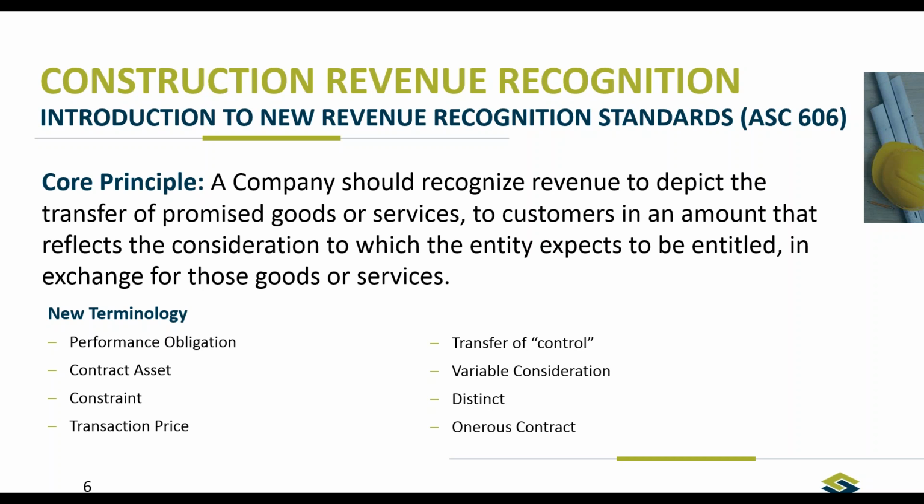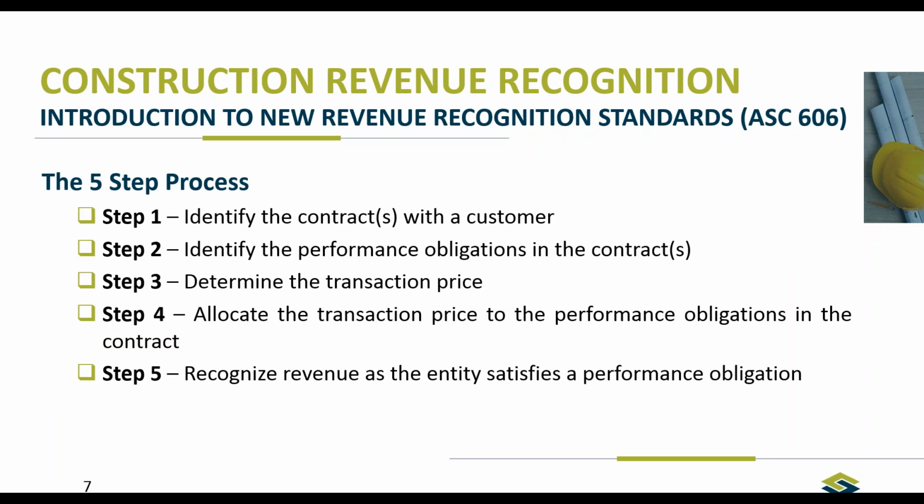The 5-step process that I just mentioned: step 1 is identifying the contract with the customer. Step 2 is identifying the performance obligations in the contract. Step 3, determining the transaction price. Step 4, allocating the transaction price to the performance obligations in the contract. And step 5, recognizing revenue as the entity satisfies a performance obligation.